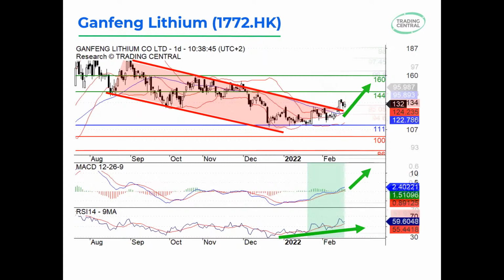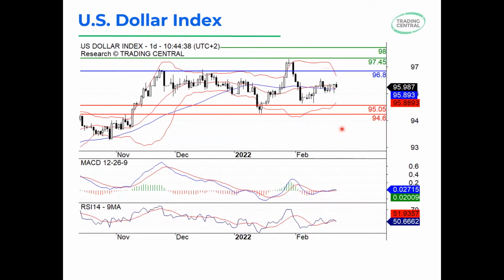So now let's talk also about the US dollar. Last month, the US dollar performed very well in January.